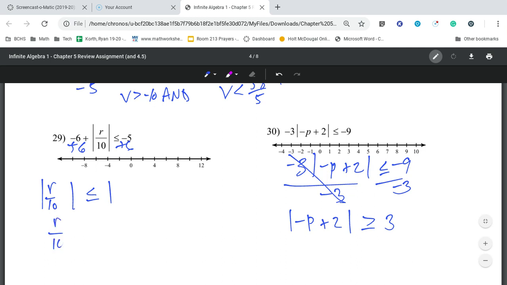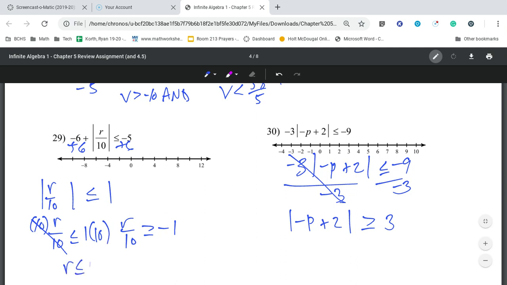R over 10 less than or equal to 1. R over 10 greater than or equal to -1. Flip the inequality and make it negative. Undo division with multiplication.